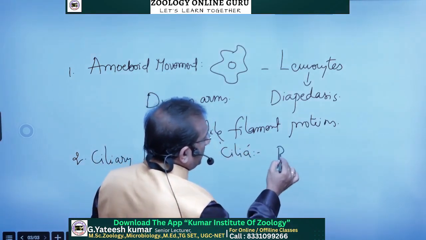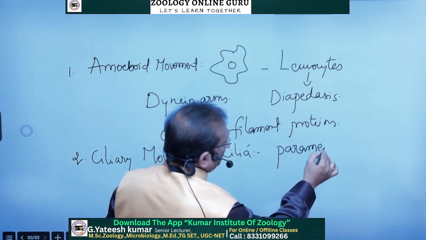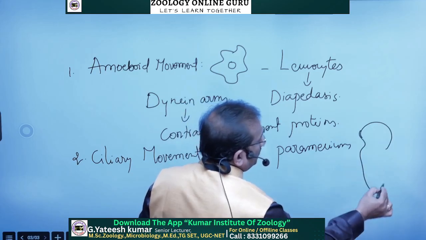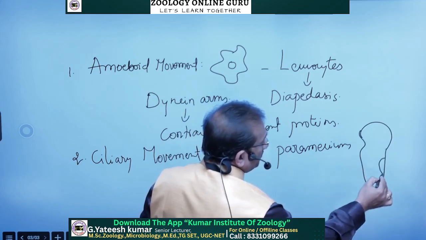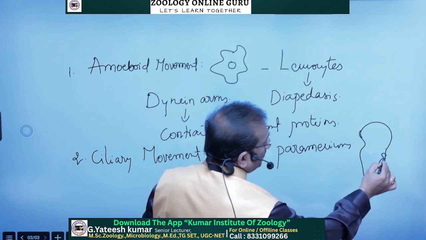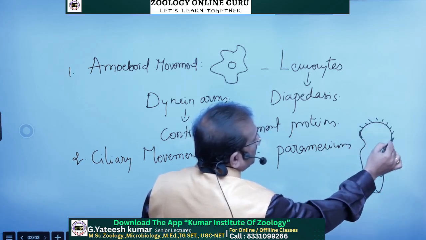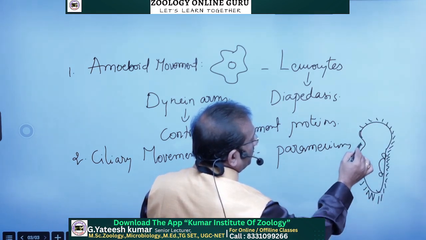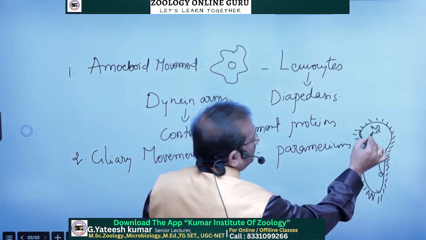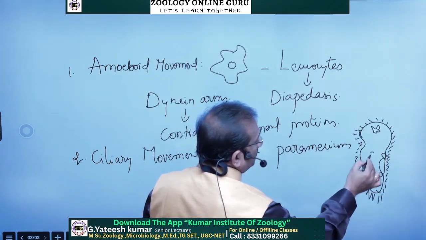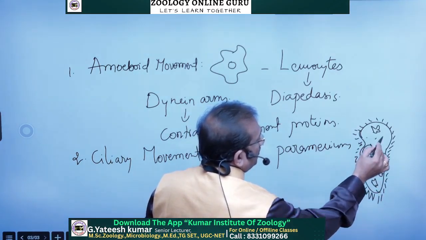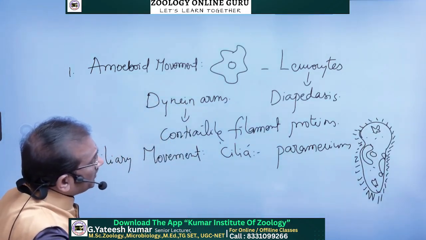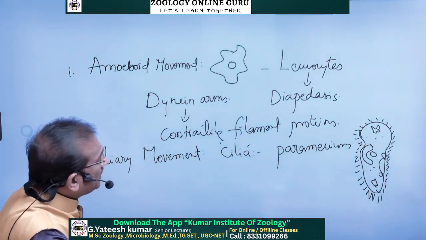These cilia are present on the paramecium. If you take the paramecium, the total body is covered with cilia, and this type of movement is called ciliary motion.